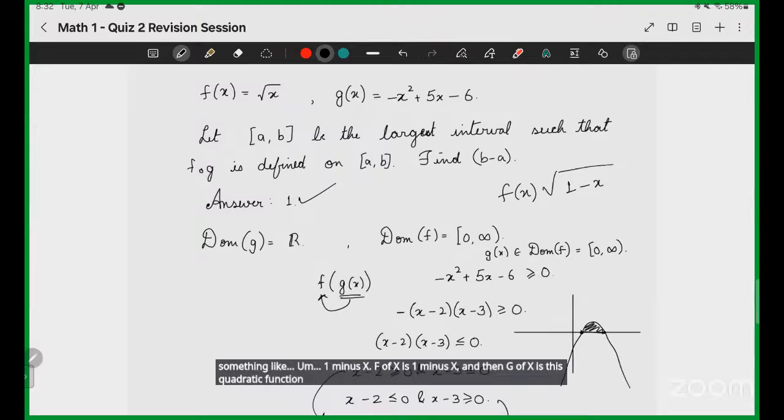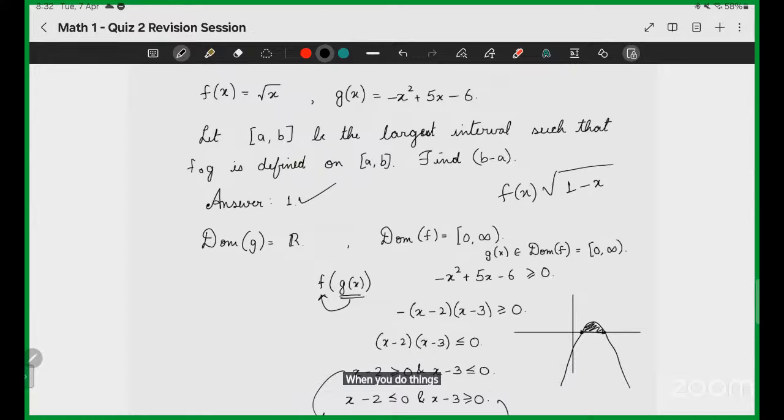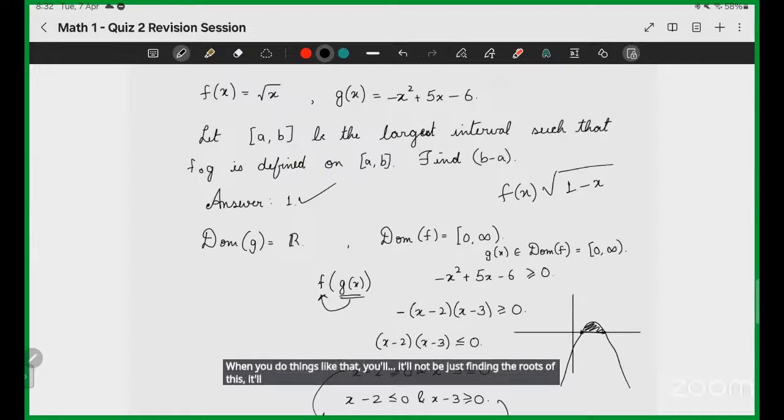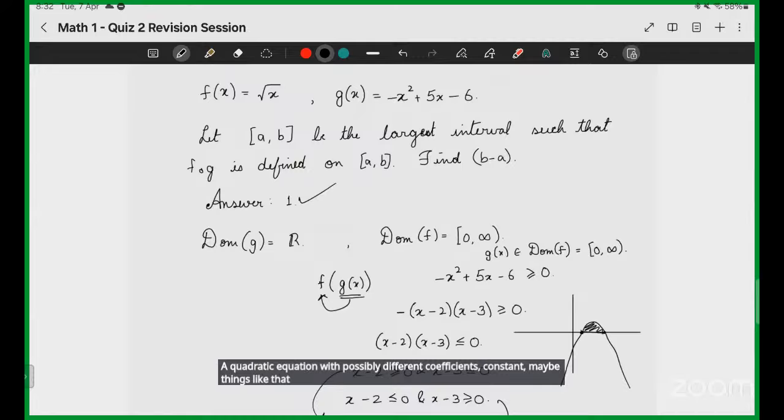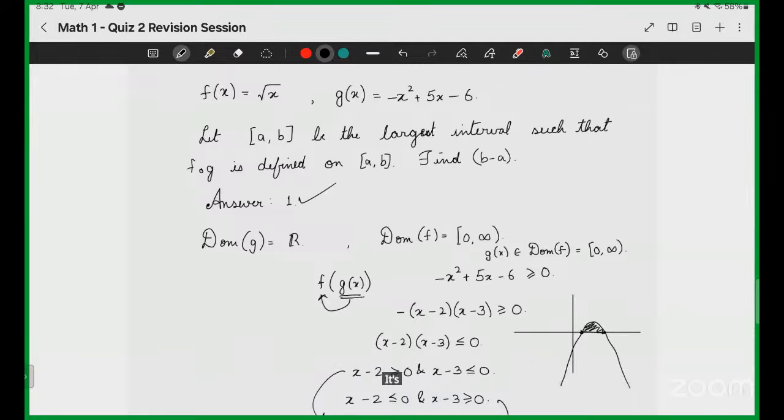When you do things like that, it will not be just finding the roots of this, it will be finding the roots of a quadratic equation with possibly different coefficients, constant term, maybe things like that. But the idea is clear, right? Yes, sir.